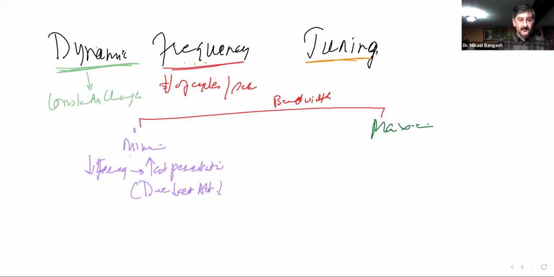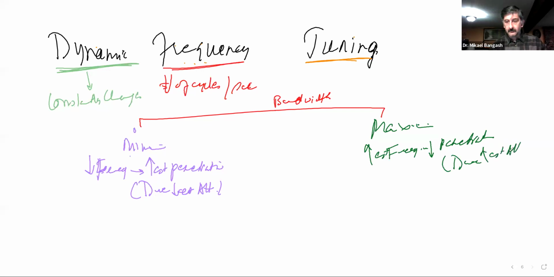Whereas the highest frequency of the bandwidth is the one that has the least penetration. Because of this high frequency, that's going to have the highest attenuation.